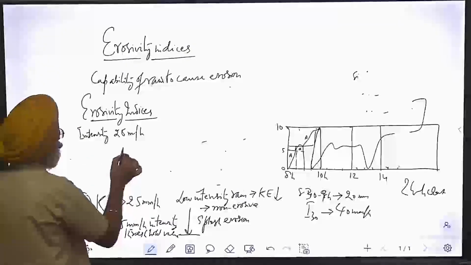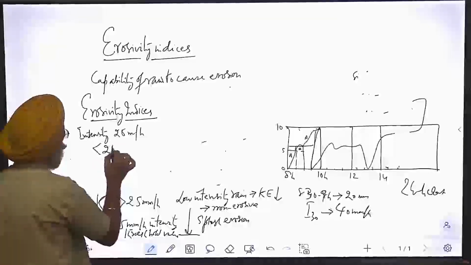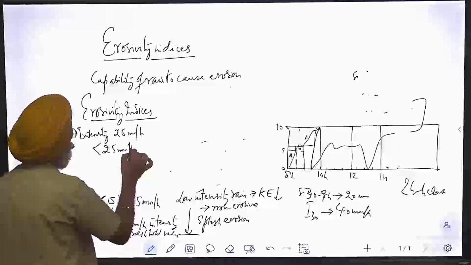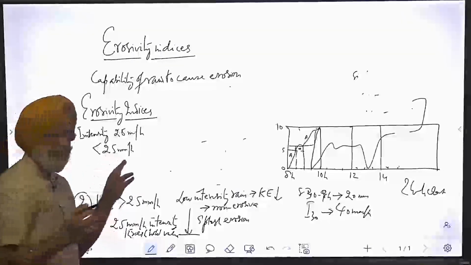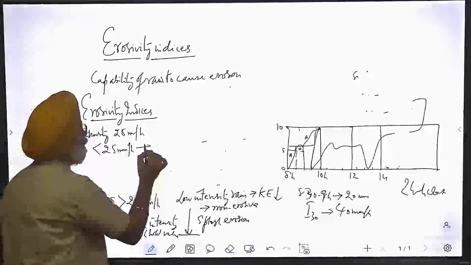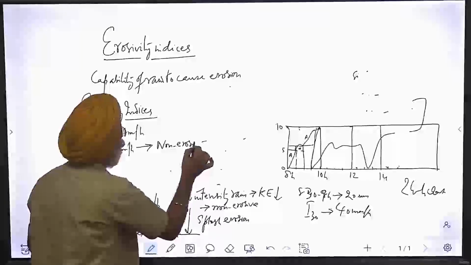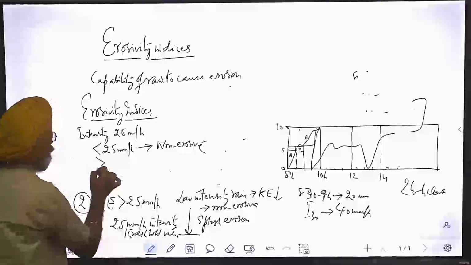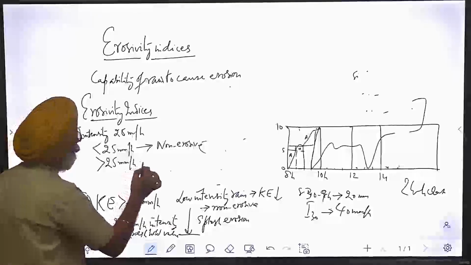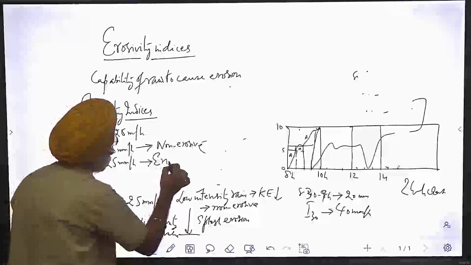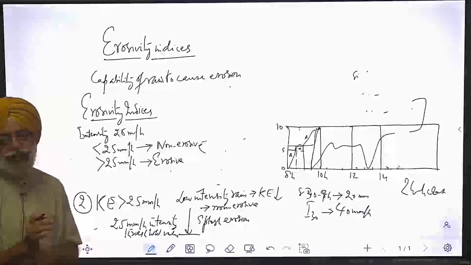This determines that below this 25 millimeter per hour, the rain which is occurring at an intensity less than 25 millimeter per hour is non-erosive. Whereas the rain which is occurring at an intensity more than 25 per hour, that is erosive. It has more capacity to cause erosion.